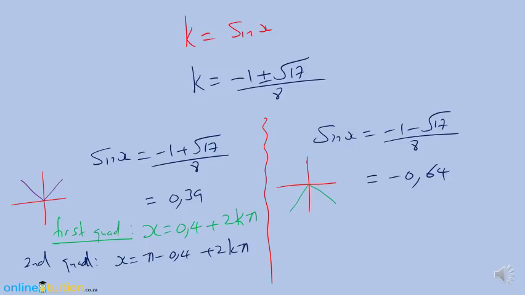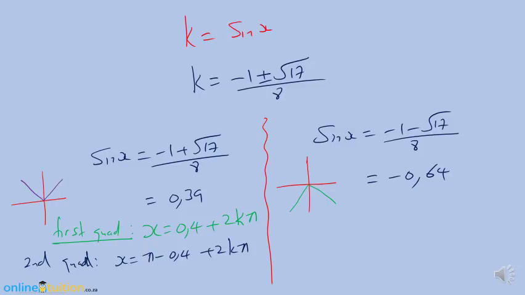What happens in this case where sine x is equal to minus 0.64? Of course, you do exactly the same thing, but let's work with negative angles there. So the first one is, if you look in the fourth quadrant, you'd have sine being negative.